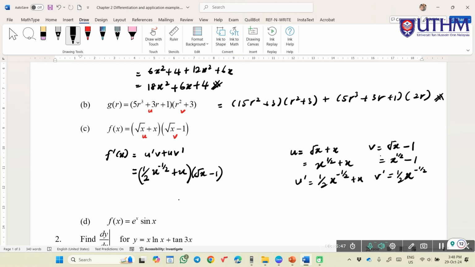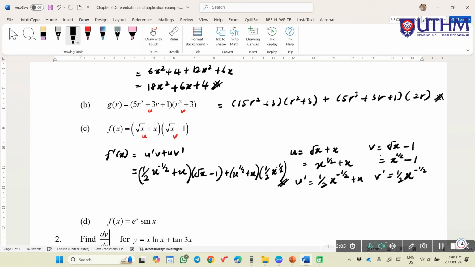So plus uv prime. So our u now is x power 1 over 2 plus x times v prime is 1 over 2 x power negative 1 over 2.